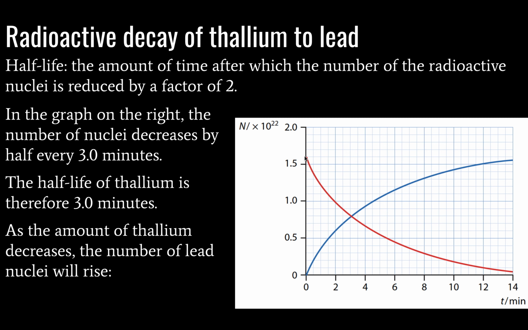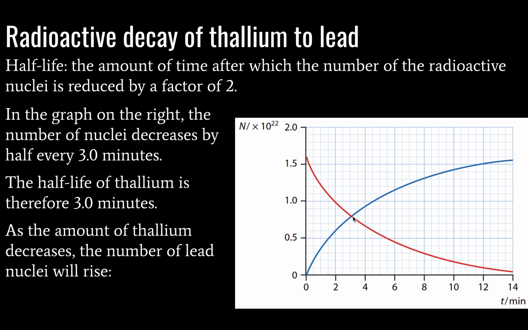If we take our total number of nuclei at the beginning and subtract the number of thallium nuclei at any given point in time, we get the number of lead nuclei. After our first half-life, we'll have exactly the same number of lead nuclei as thallium nuclei.